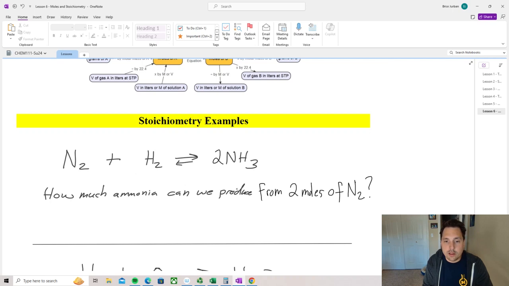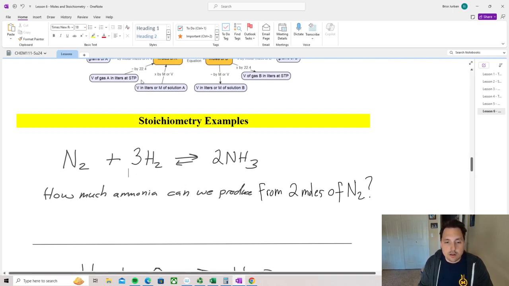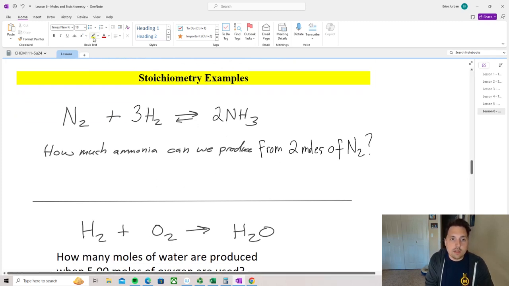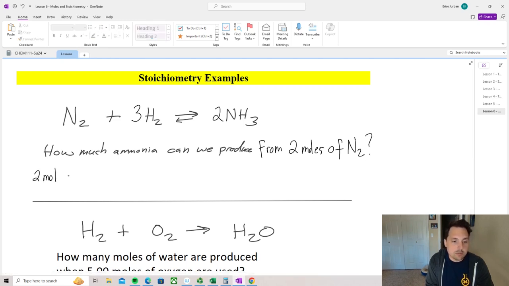Well, we need to have a total of 6 on both sides, so we can put a 3 here. All right, now that we have a balanced equation, let's start with 2 moles of nitrogen. So I'm going to use dimensional analysis for all of these problems. My abbreviation for moles is MOL, or MOLS, so 2 moles of N2.